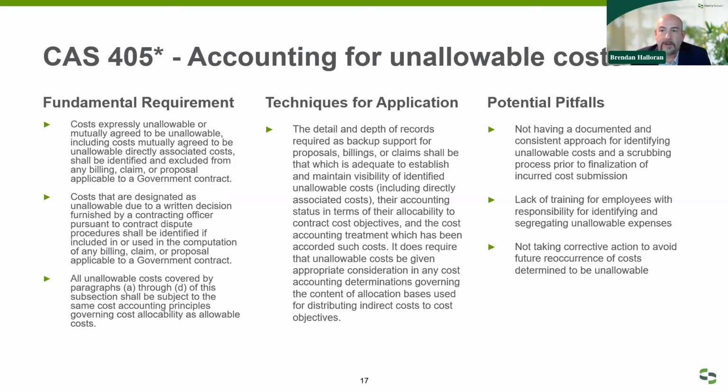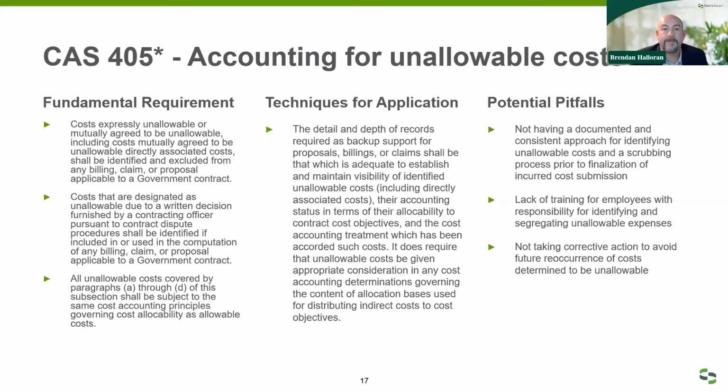But then they'll kind of follow that a little bit further to see if there's potentially other costs that would not have been generated had that unallowable cost or event been incurred. So definitely one of those areas that's just high audit visibility and well worth the time of really trying to avoid.